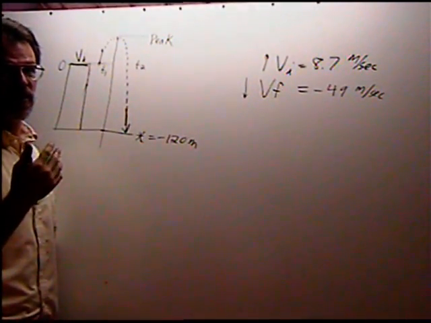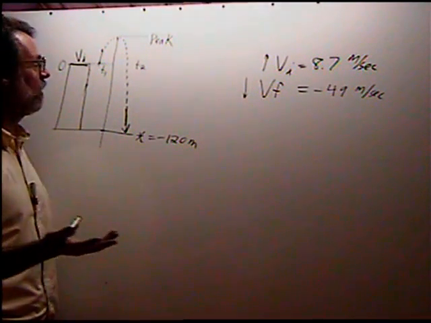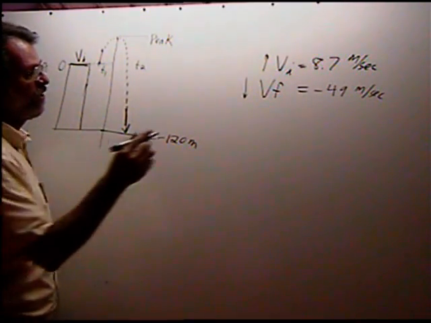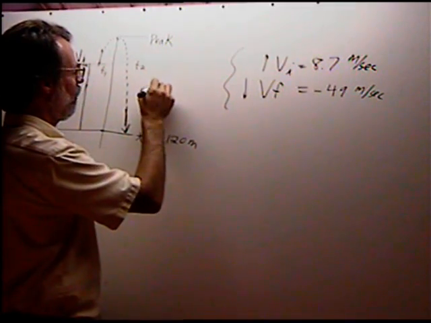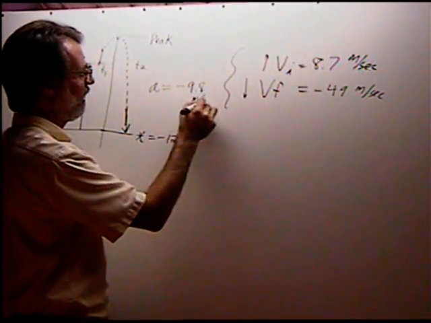We need to use an equation with time in it, right? Obviously, but think about the acceleration. We know that in this problem the acceleration is a constant, and that's key.